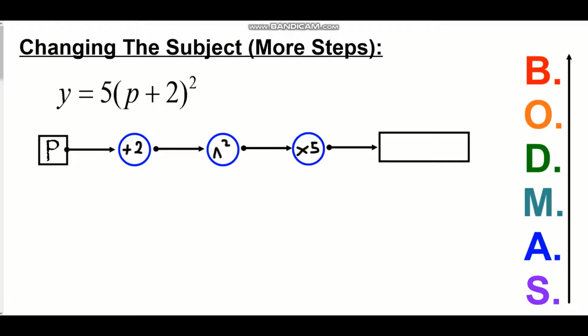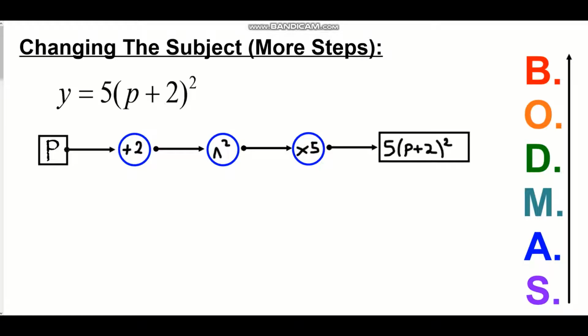Okay, so we've gone B, O, and M during this equation. And that gives you the answer of 5 bracket p plus 2 squared. So we need to undo that.